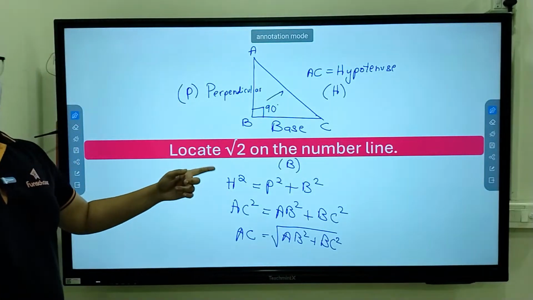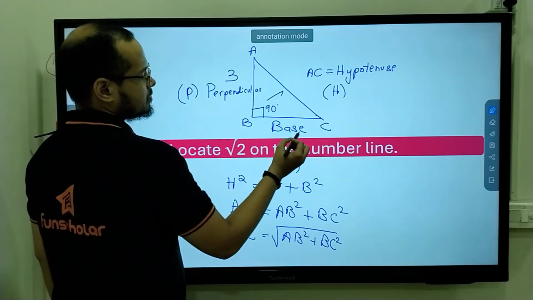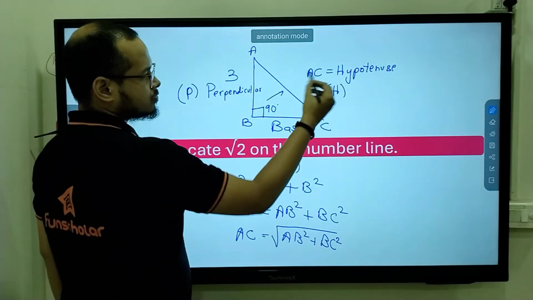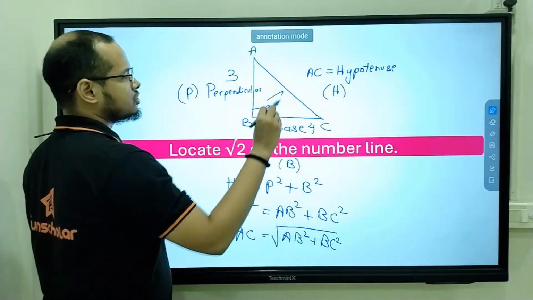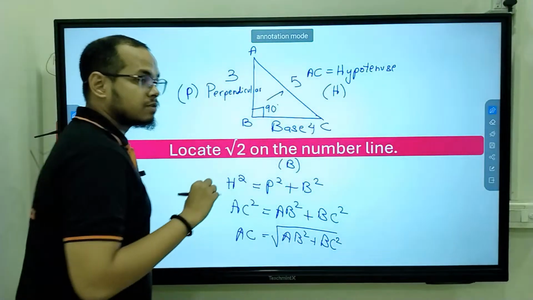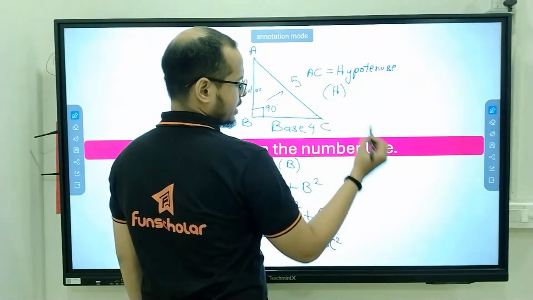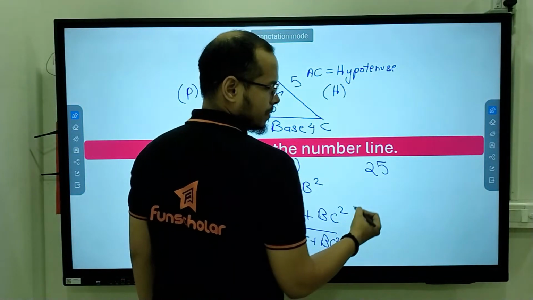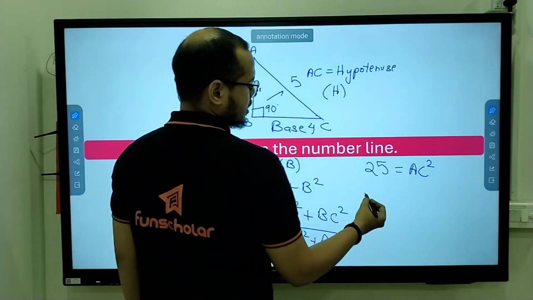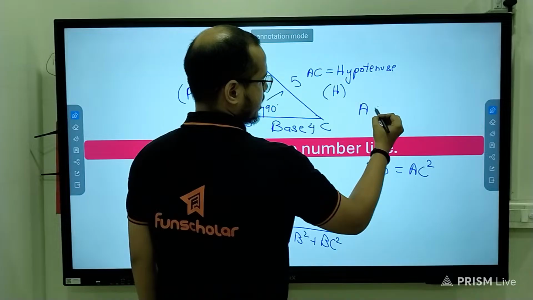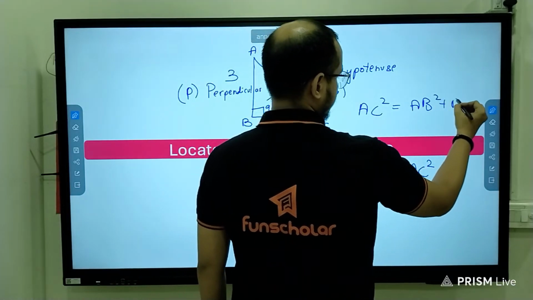Now let's put an example to it. If the perpendicular is 3 and the base is 4, what will be the hypotenuse? Let us first assume that the hypotenuse is 5 and check whether this holds. AC square is going to be 25. So first let me write down the equation: AC square is equal to AB square plus BC square.